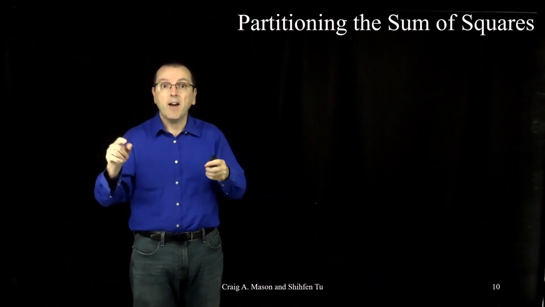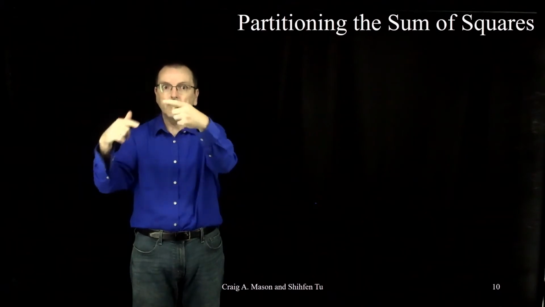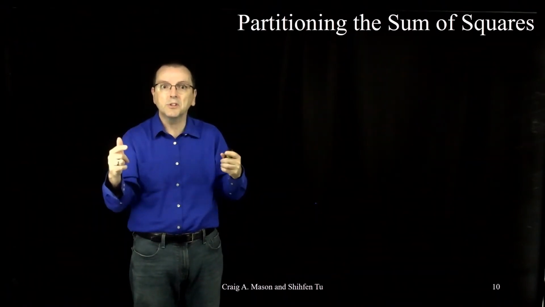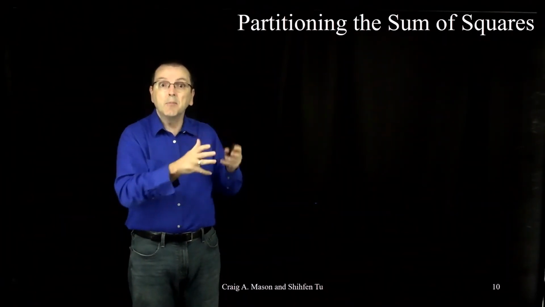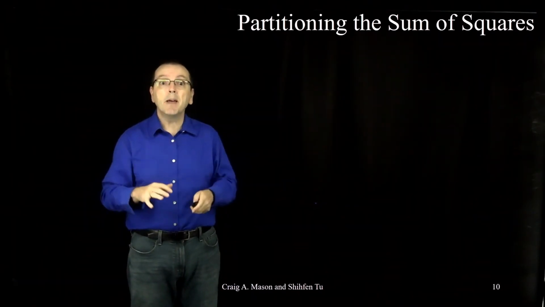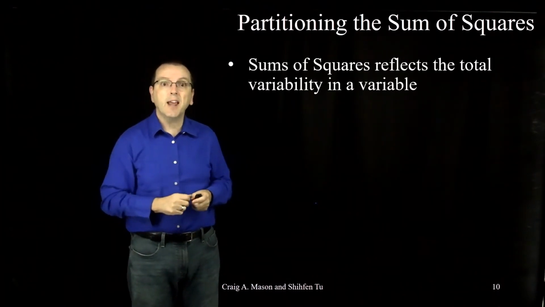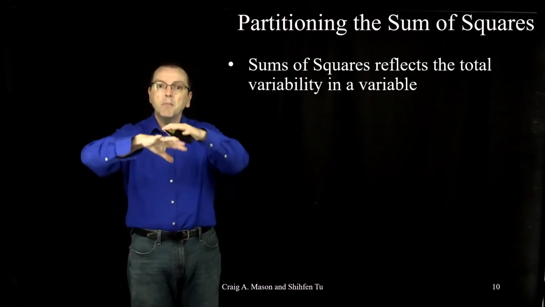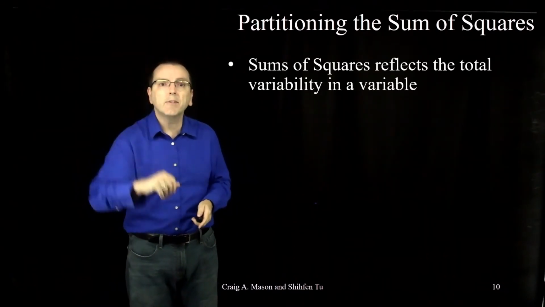Then I'd calculate the deviation score for each person from that mean, and I'd square all of those deviation scores, and then I'd add up all of those squared deviation scores, right? And that would give me the sum of squares. And in this case, the sum of squares would be that measure of the total variability in our history exam scores, right? Sum of squares describes that total variability in whatever variable we're looking at.